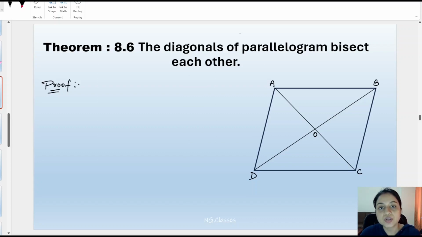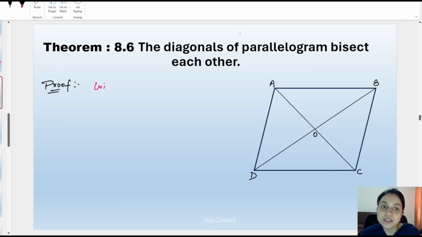So our next theorem says the diagonals of a parallelogram bisect each other. So here we have a parallelogram ABCD, and we have to show that the diagonals of this parallelogram bisect each other. That means diagonal BD is bisecting diagonal AC.